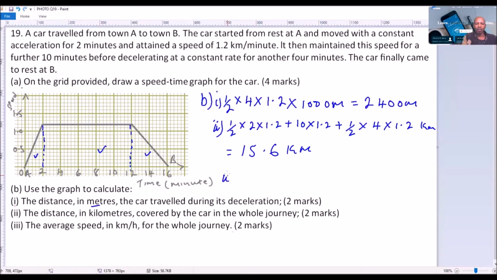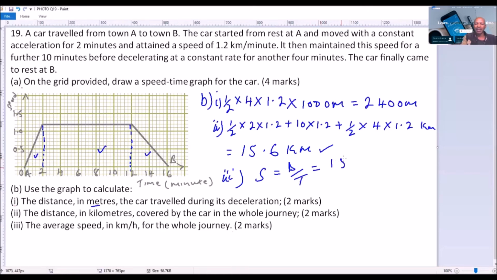Then we go to Roman number 3, where we are supposed to get the average speed. The average speed is the total distance covered, which we obtained in Roman number 2, divided by time. So speed is equal to total distance divided by total time taken.